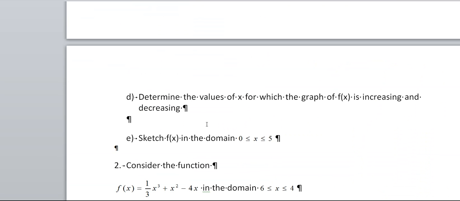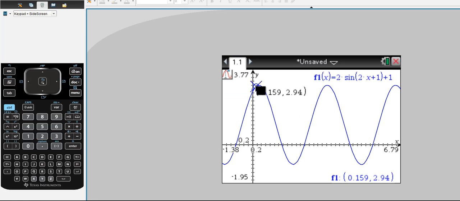We have a D and an E exercise. Determine the values of x for which the graph of f of x is increasing or decreasing. This means for which x values is the function, or the f of x, which is the y value, increasing. So for example, we start here at this coordinate, so 1.86 and -1.